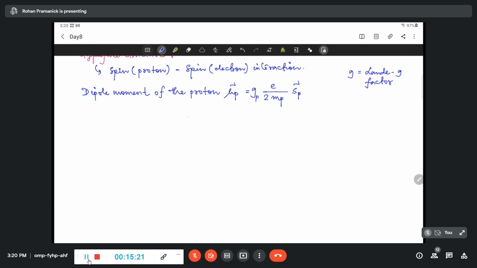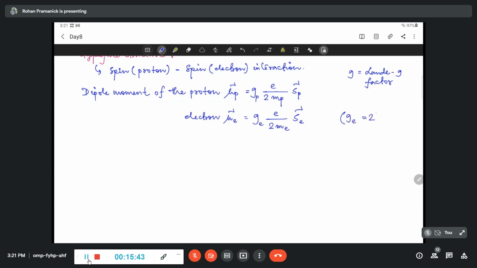Similarly, the dipole moment of the electron is mu e equals Ge by twice me times Se. And we know that this Ge equals 2.